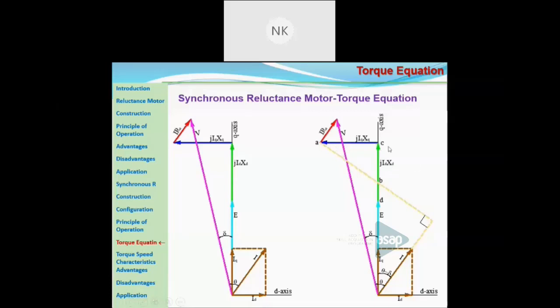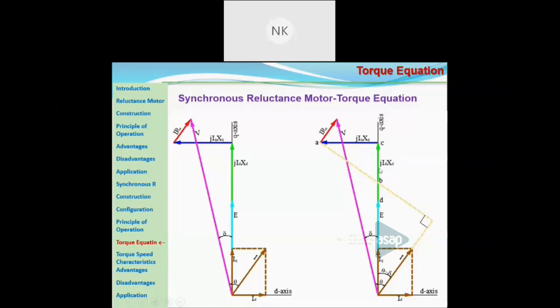If you take this factor, we can see that I into cos(theta minus delta), that means AB into cos(theta minus delta) into x factor, will be equal to jIqXq. You can equate that factor, then this is nothing but the Xq component. And if you take this one, you will get AB into sin(theta minus delta). And here you can see that this factor will be equal to Id into Xq.